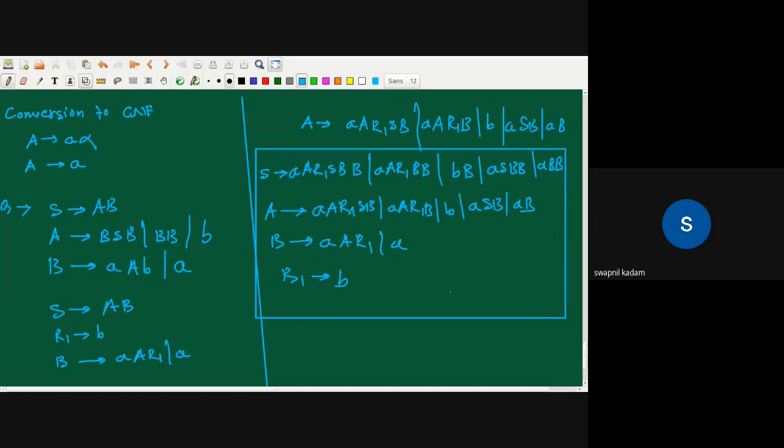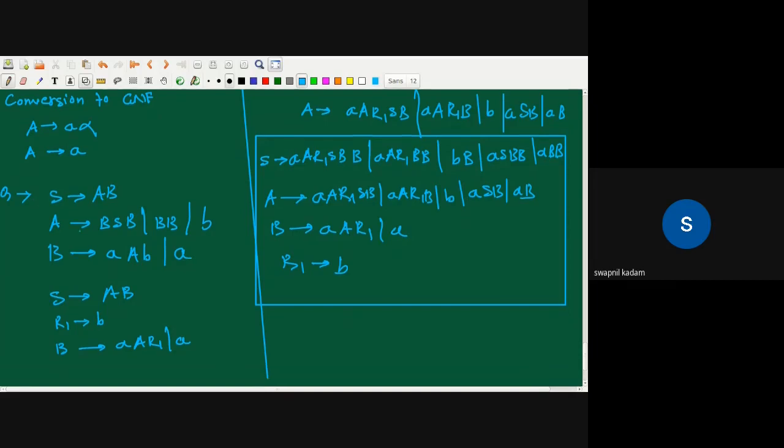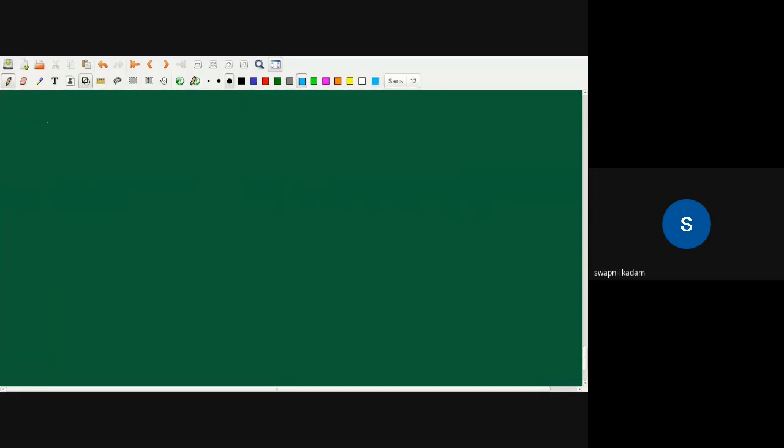We'll also see what lemma 2 is in a GNF. If the productions in this GNF are like this, A tends to A, B, A, then such type of productions will be called lemma 2.